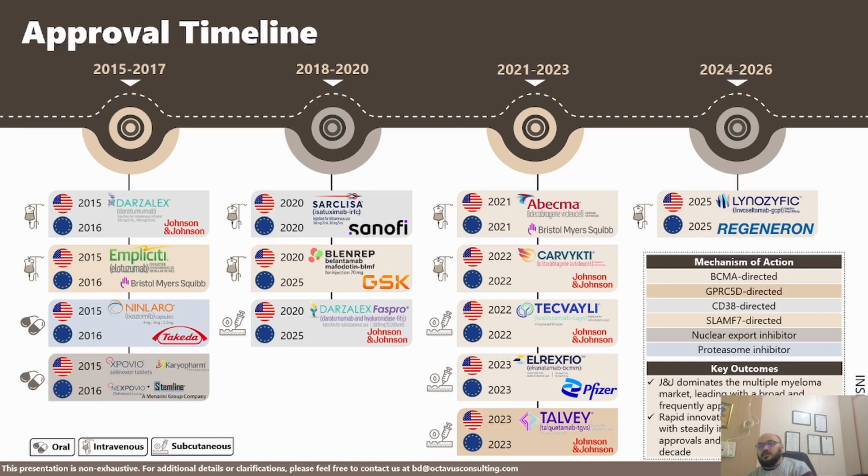Then we have an ADC, I think, from Johnson & Johnson. So if you see within the approved landscape, we have one, two, three, four, five approvals in a 6 to 7 year timeline from Johnson & Johnson.